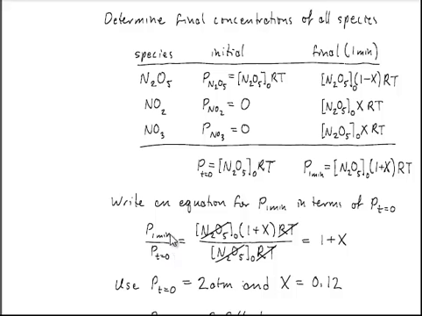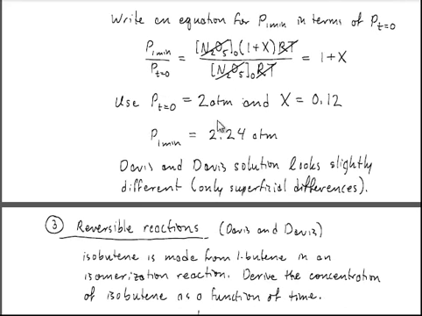So the ratio of those two things should be the amount of gas after 1 minute divided by the amount of gas in the initial mixture. And all that's left from that ratio is 1 plus x. Everything else cancels away. So if we know now that the initial pressure was 2 atmospheres and the conversion was 0.12, then the final pressure after 1 minute is 2.24 atmospheres.